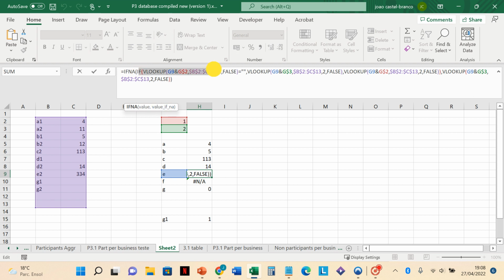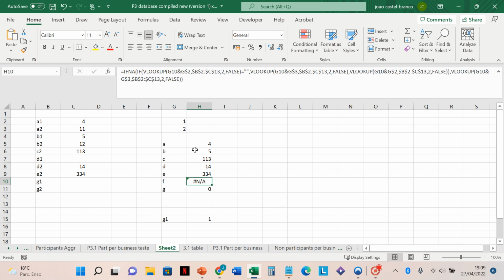So this whole part will be unavailable. This part doesn't matter. What will happen is the value if it's not available, and it is the second month. So yeah, here G aggregating G3, which is the second month, to the name. So it's going to look for E2. It looks for E2 and finds the 334, and that's what happens.